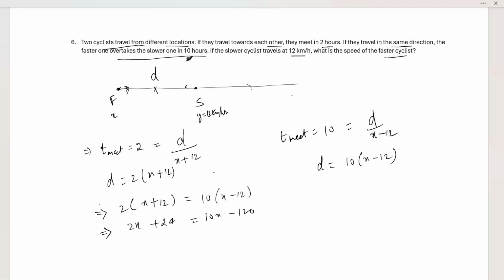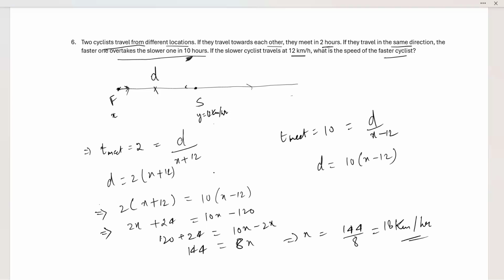So this becomes 120, 120 comes to the left side, plus 24 is equal to 10x minus 2x. This becomes 144, and this becomes 8x. So the value of x is 144 by 8, which is 18 kilometers per hour.